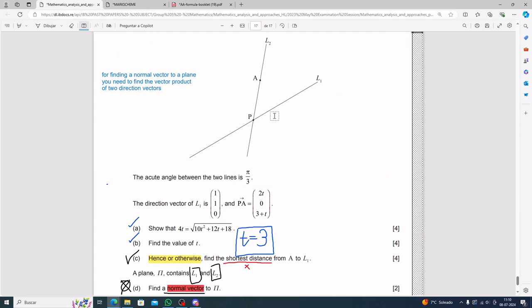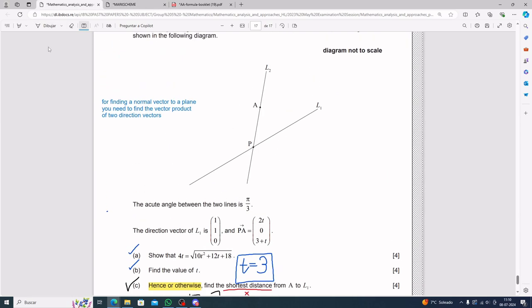Direction vectors are basically taking a line and being able to define the direction that it's taking. It's sort of like the slope of these 3D figures. The direction vector can be from here to here, or from here to here, because they're all going in the same direction.